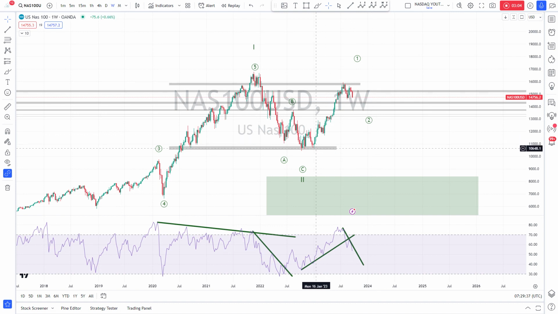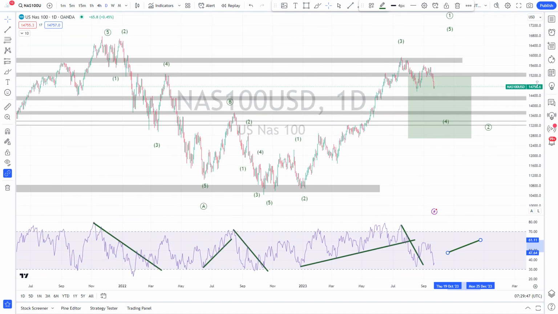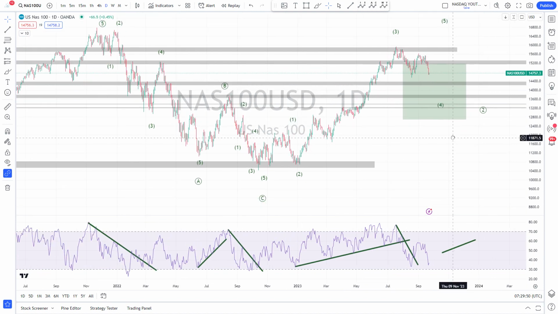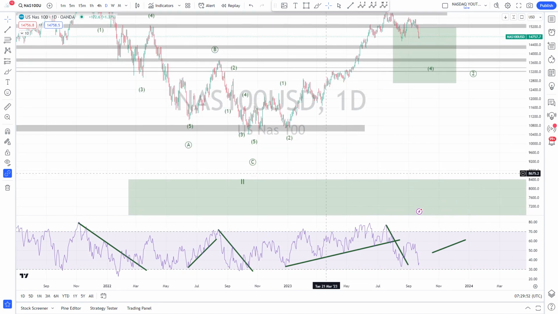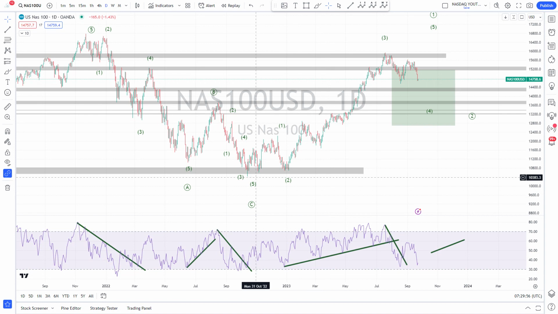Now, if we continue with the bullish one, let's have a look here at the daily. So this here is our wave 2 low, as you can see. And so I think we did a wave 1, a wave 2.